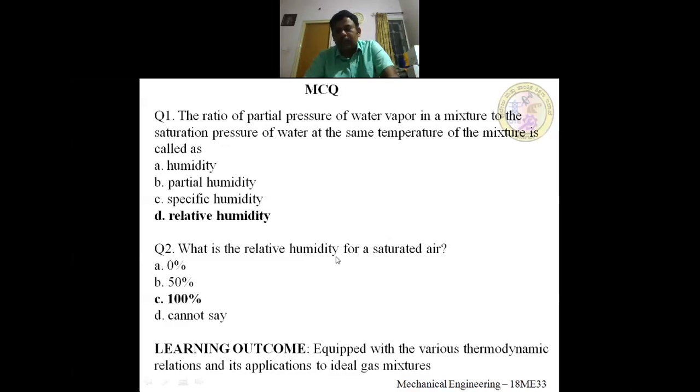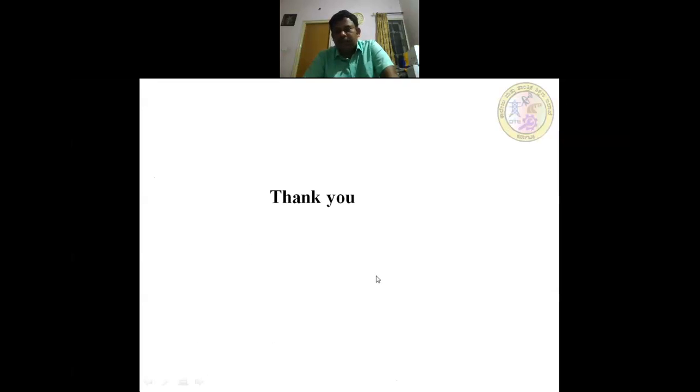So in today's class, you learnt about the different terms used in psychrometry, and you studied the important relations like Dalton's law, and obtained the equations for specific humidity, vapor density, enthalpy of moist air, and pressure of water vapor. You have to remember these equations by heart. Okay, thank you.